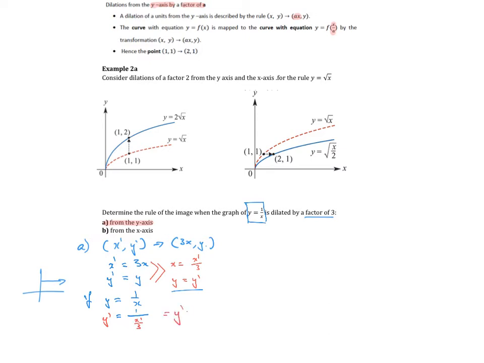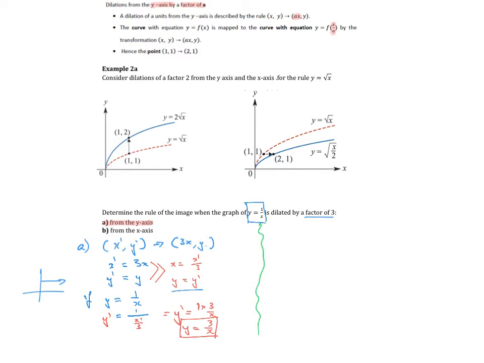So y dashed is equal to 1 times flip and multiply. So y is equal to 3 on x. So once we've got our new equation, we don't necessarily need to keep the dash symbols. They're just there to help us keep track of things whilst we're doing the working out.